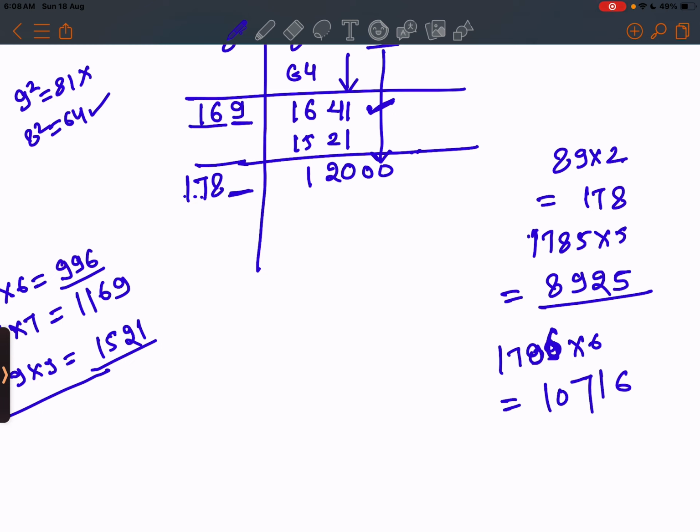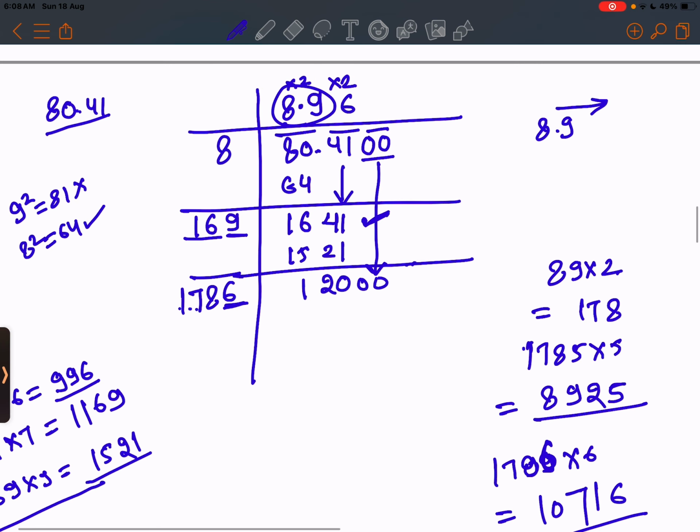So I think that would be the perfect number, so the number would be 1786 at the sixth time. So we will get 10716. What would be the remainder?